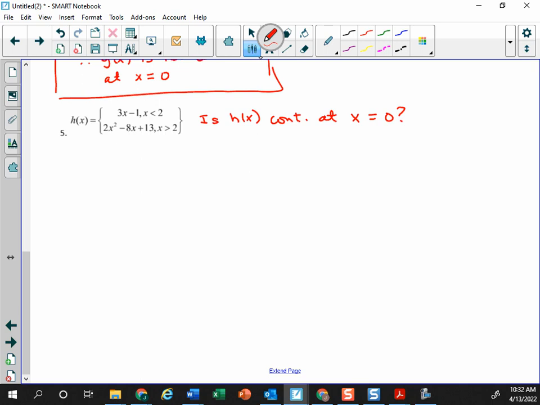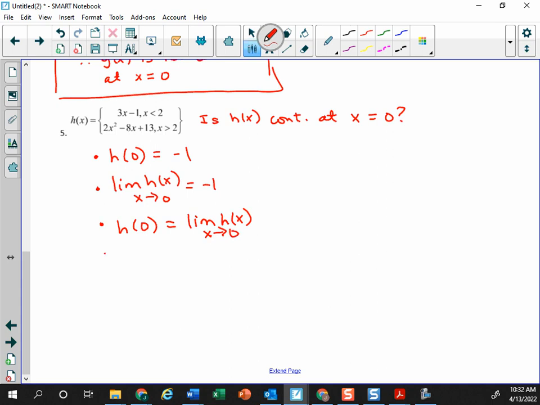All right, so let's go through the steps of it. Is it continuous at x equals 0? So first, what is h of 0? -1, good. Limit of h of x as x approaches 0. -1, right? It's still the same thing. So third one, h of 0 equals the limit of h of x as x approaches 0.